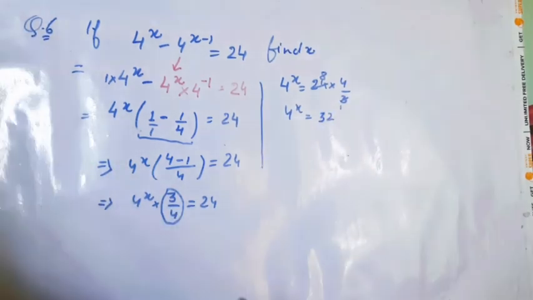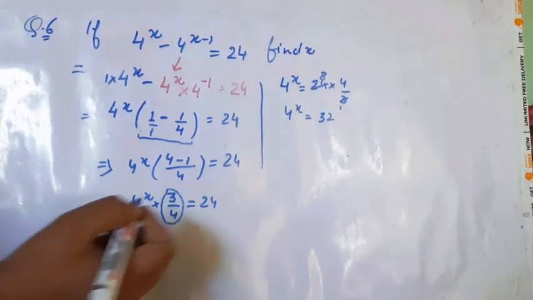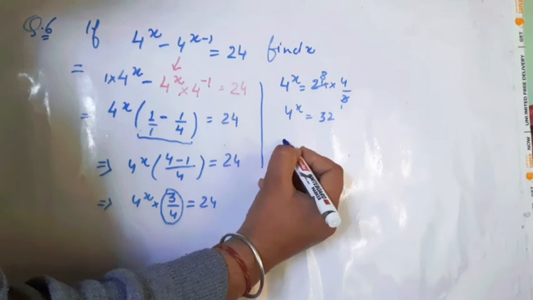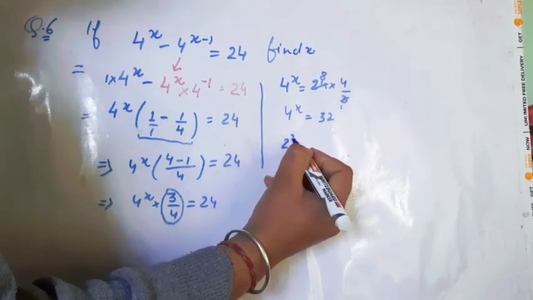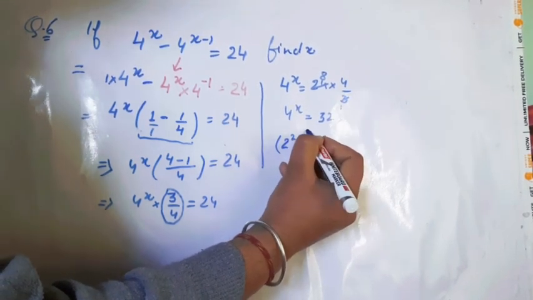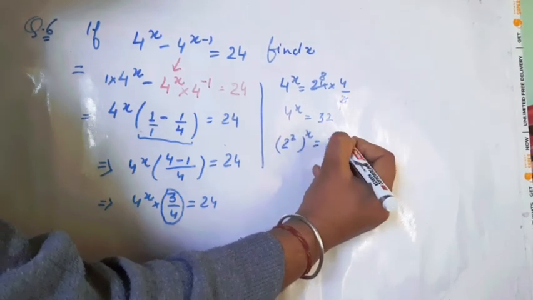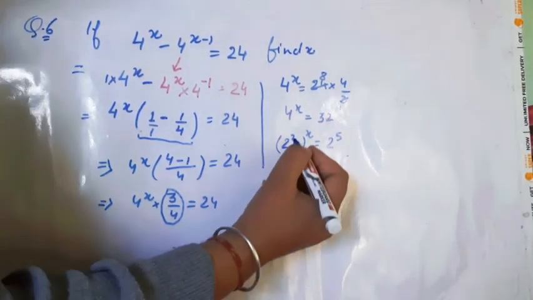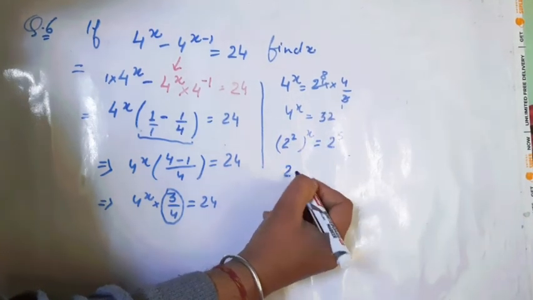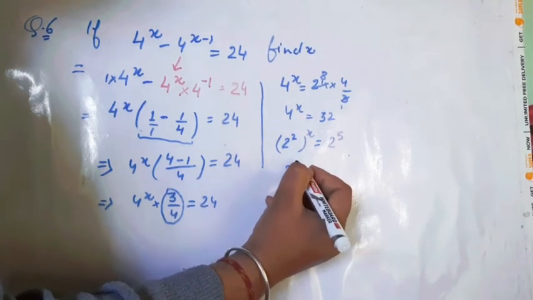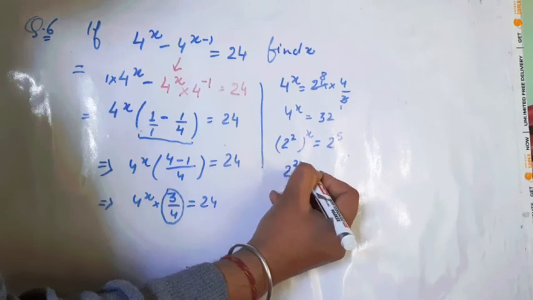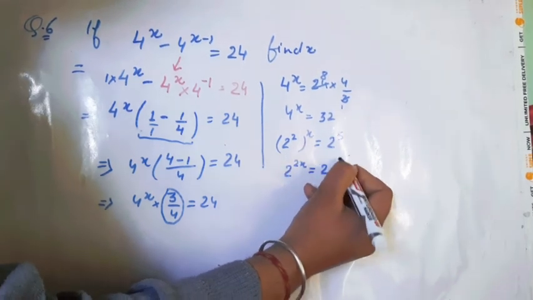Now write in the form of in the powers of 2 to equate the bases. So 4 can be written as 2 raised to power 2, raised to power x, will be equals to 2 raised to power 5. So this will be equals to 2 raised to power 2 multiplied by x is 2x equals to 2 raised to power 5.